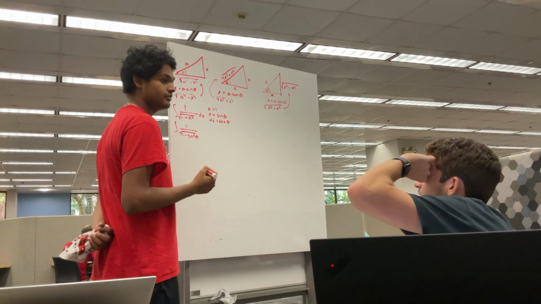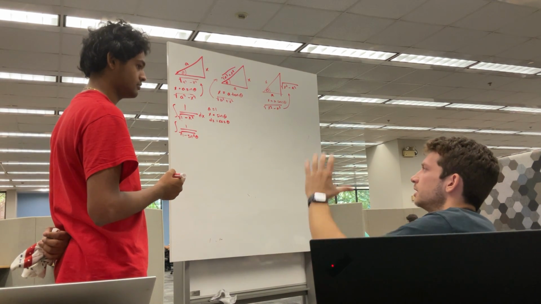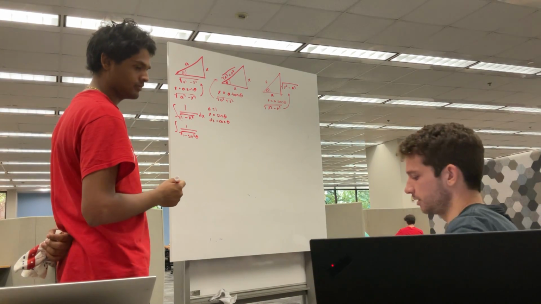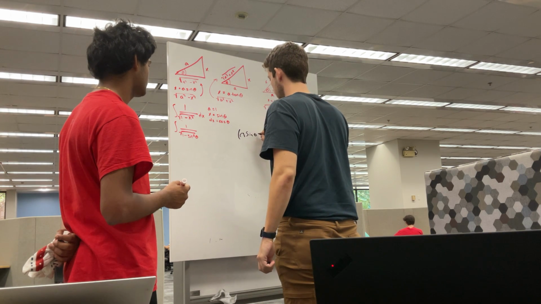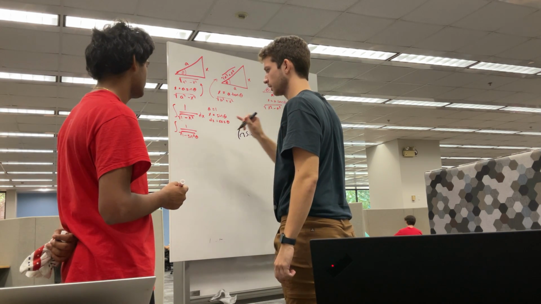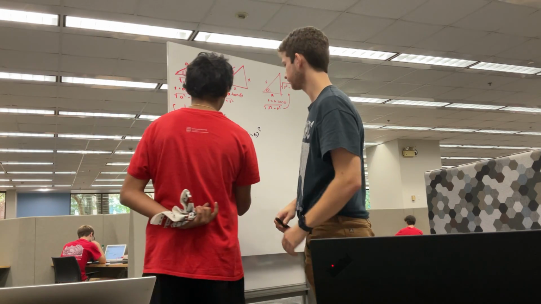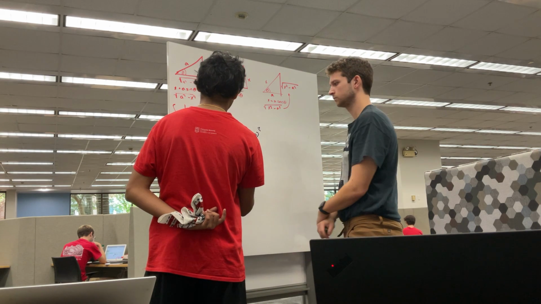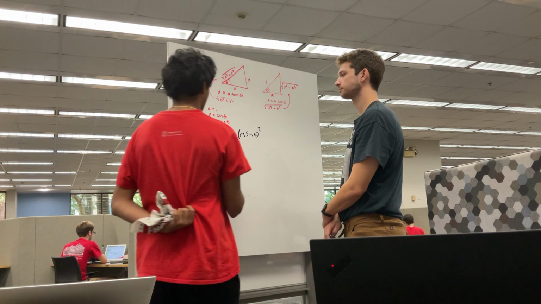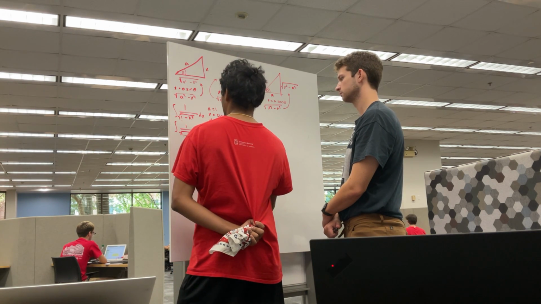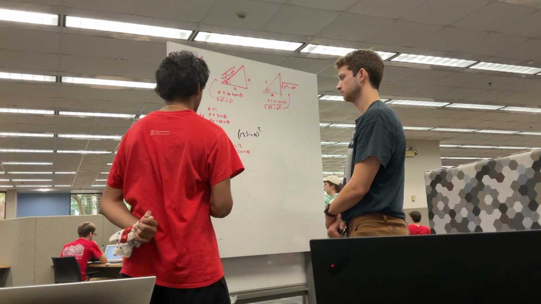If we didn't know what a was equal to, say for example a squared is 4, that means a is equal to 2. That means x is going to be equal to 2 sine theta. But this 4 actually stays the same.